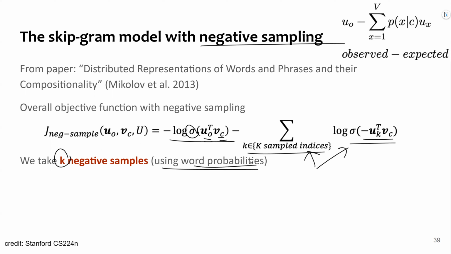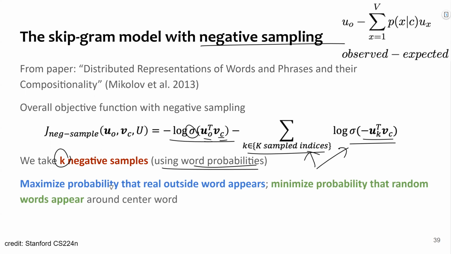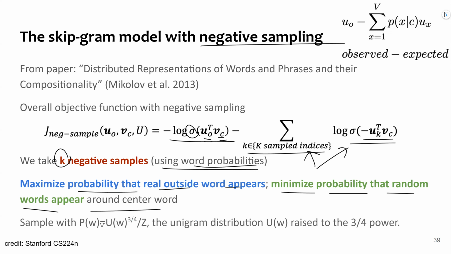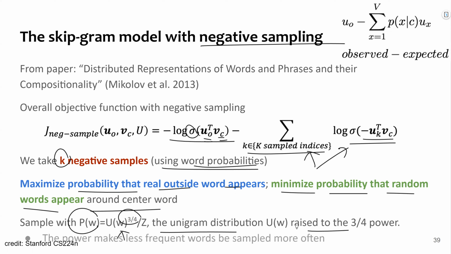According to the word probabilities. It maximizes the probability that the real outside word appears and minimizes the probability that random words appear around the center word. We sample with this probability: the probability of each word to the power of 3/4, that is, the unigram distribution raised to the 3/4 power. This makes less frequent words be sampled more often, so it balances the frequency.